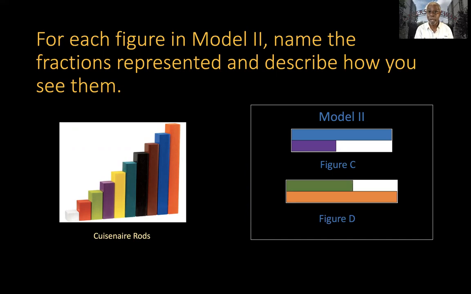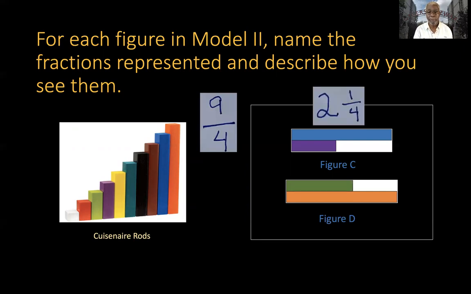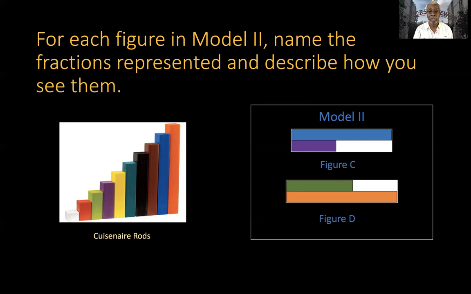The smallest is a white rod, and each of the other rods is a certain multiple of the white rod. And so the blue rod being equivalent to 9 white rods and the purple rod measuring 4 white rods, we can say that figure C represents the fraction 9/4, or 2 1/4, 2 purple rods and 1/4 of a purple rod, or these other fractions can be seen as represented in figure C.